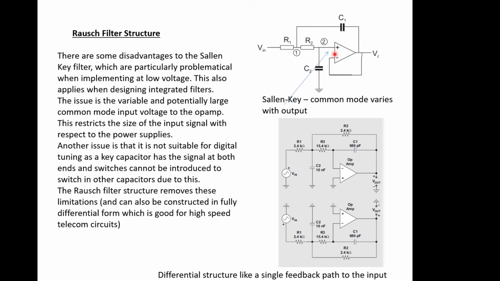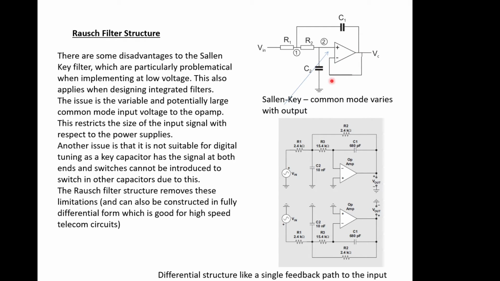So the common mode signal here, although both these are going to be the same, could be going up and down depending on what the signal is that's coming in. And we've seen that common mode can be an issue in amplifier circuits. We also have issues maybe with these op-amps not operating near the rail or not operating near the power supply rails. So we have to consider what's going on here.